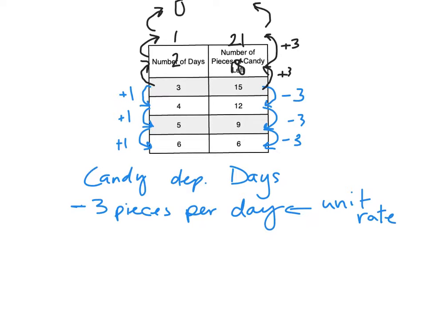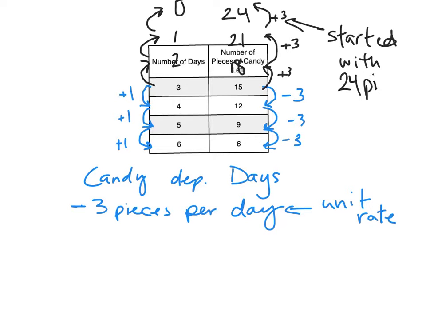And go back another day, and that would give us 24. So that means that this kid started with 24 pieces of candy. So when we write our equation, they start off with 24 pieces of candy, and they're eating 3 pieces every day. And that's how much candy is left over.